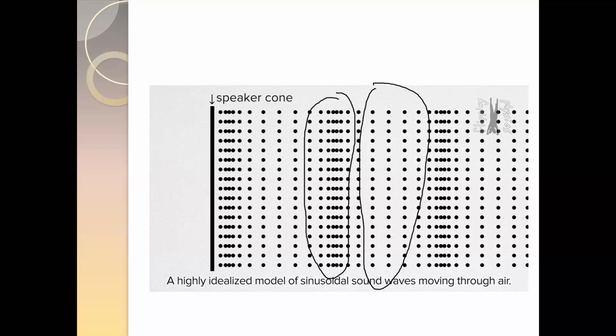The region where the particles are closer to each other is known as a compression. And the region where the particles are away from each other, we call a rarefaction.